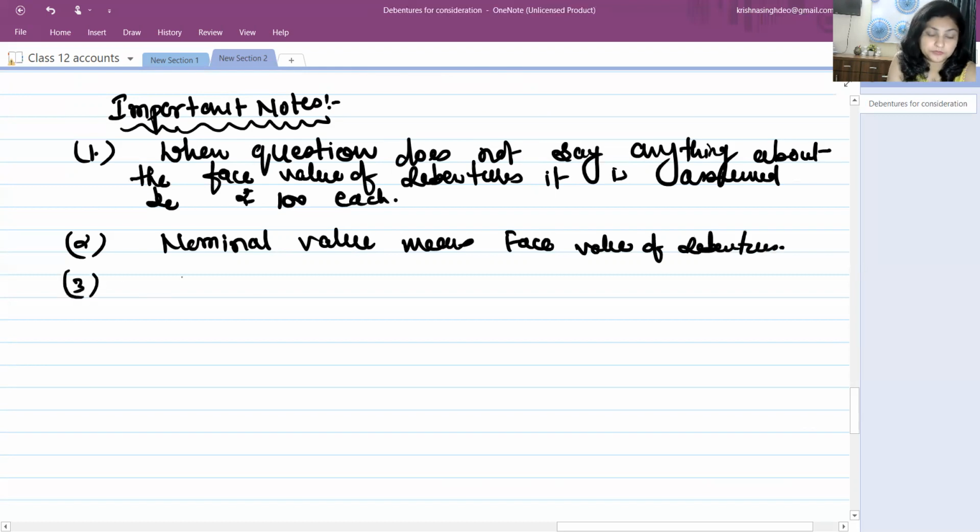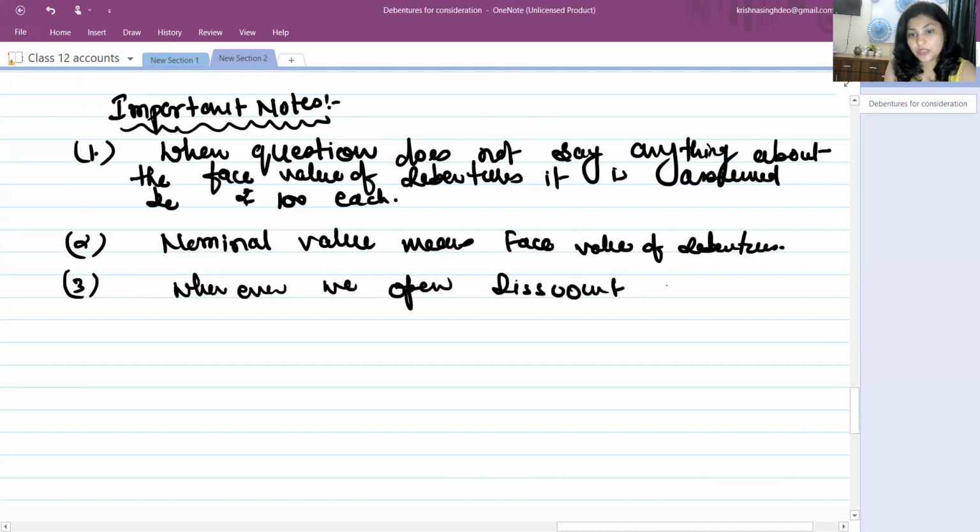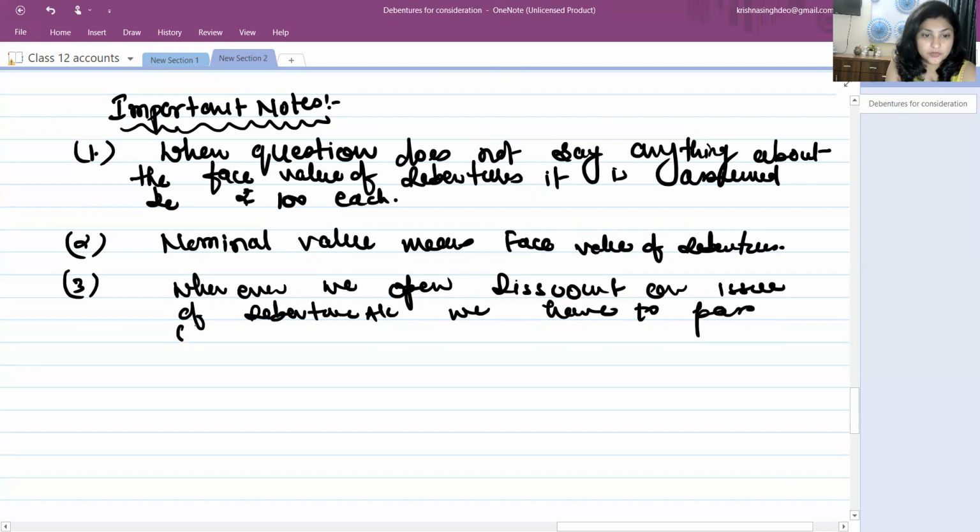Number 3, whenever we open discount on issue of debenture account, we have to pass closing entry for it.